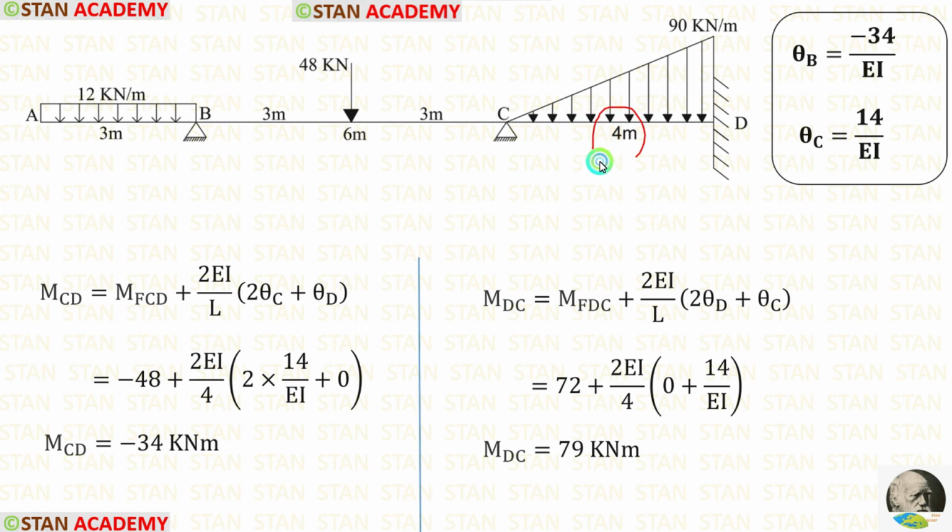Length of CD is 4. Let us apply that. In the point D, there is a fixed support. In the fixed support, there will be no slope. So theta D will be 0. After applying the value of theta C in both of the equations, we are getting MCD and MDC.